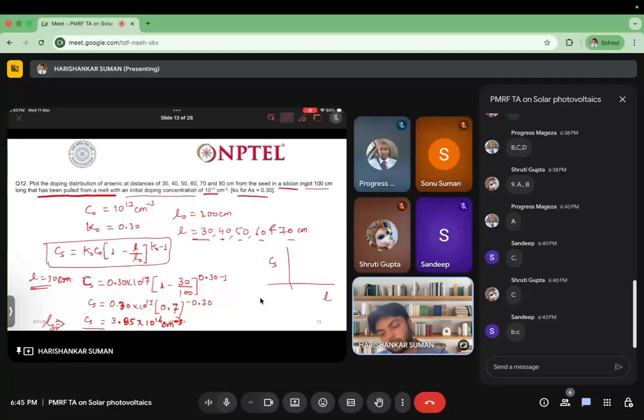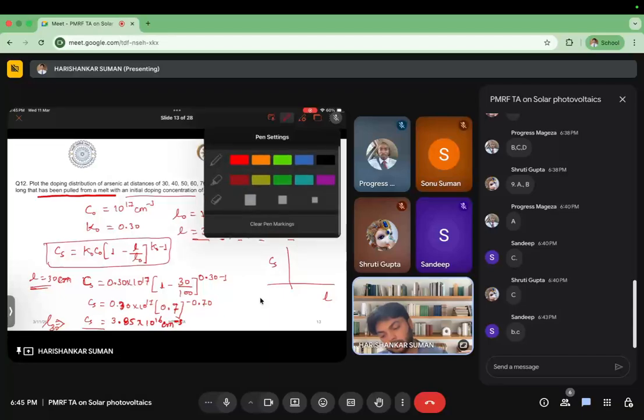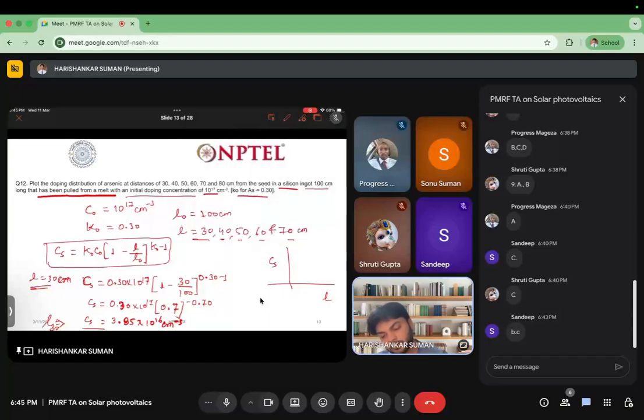So you have to apply this formula for the concentration we have to calculate.